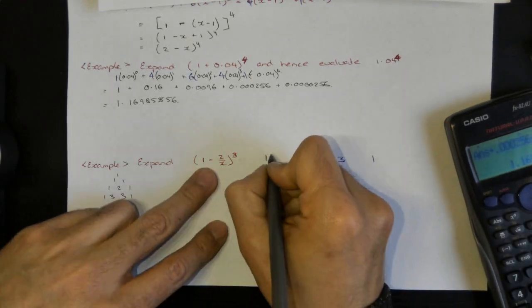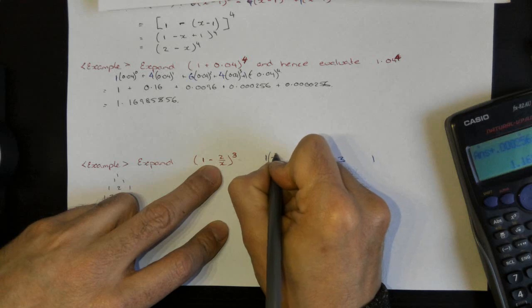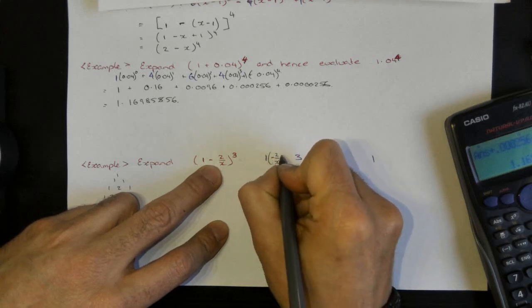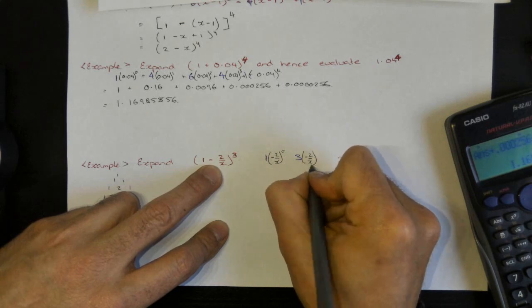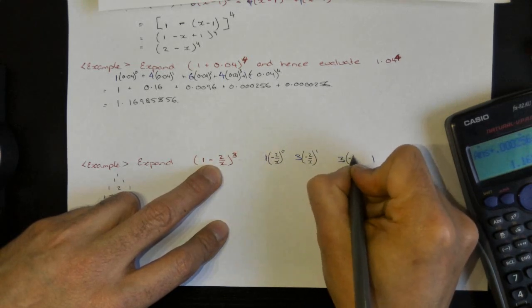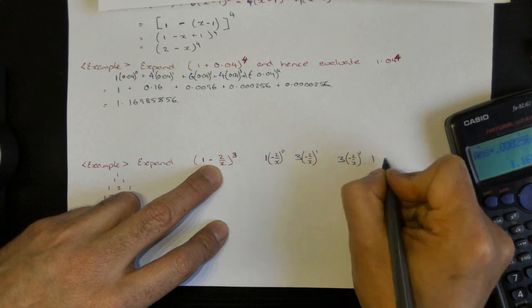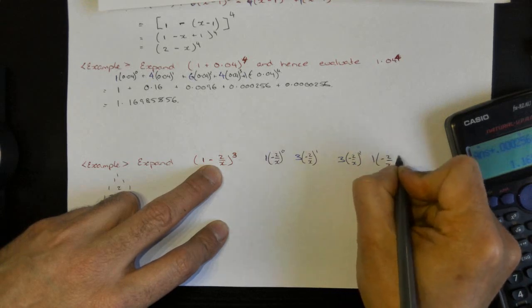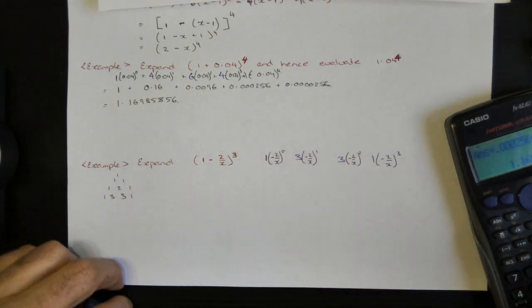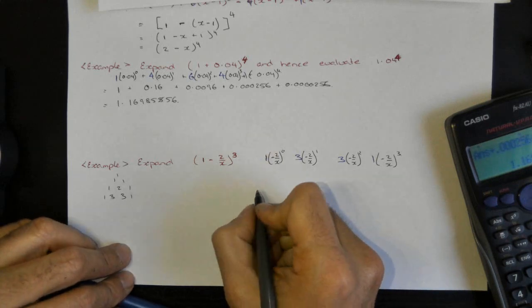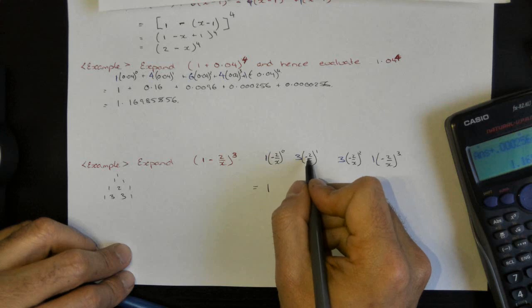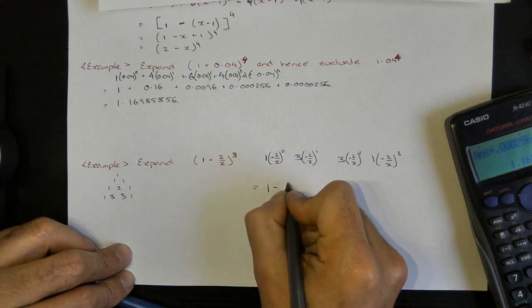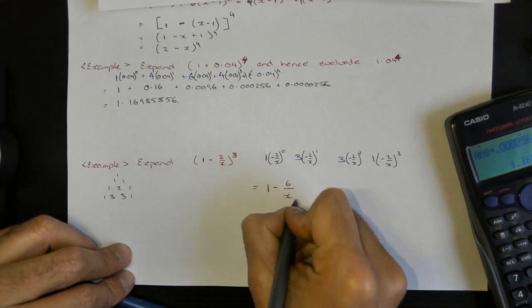It is negative 2 over x, negative 2 over x, negative 2 over x. That becomes 1. This just becomes itself, so that's going to be negative 6 over x.